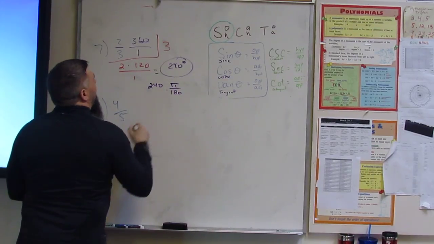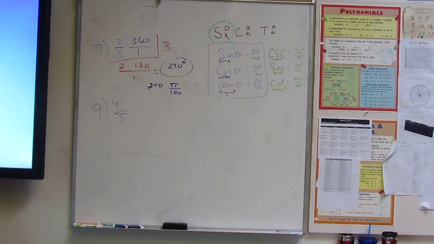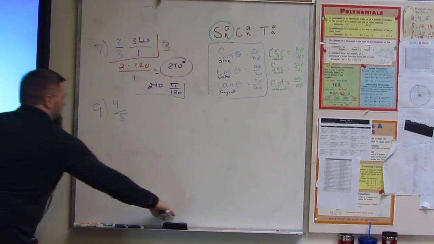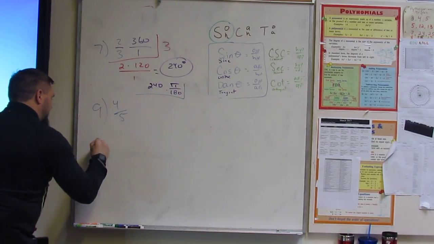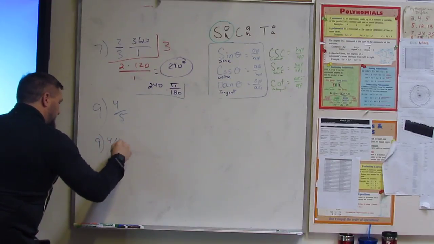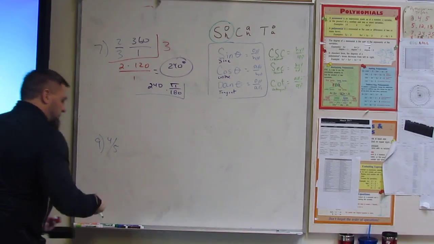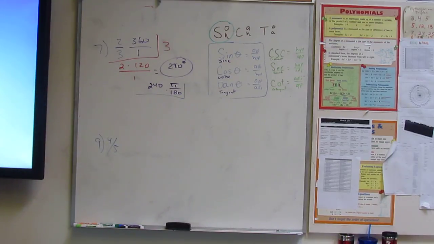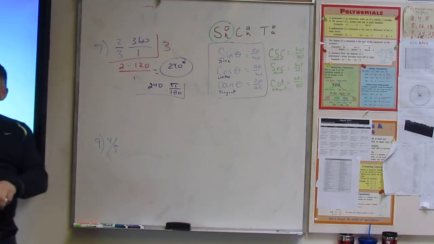Now how do I break it down? What goes into 180 and 240? Yeah, what goes into 240 and 180? And if you can't think of a big number, just think right away to get rid of the zeros, the 10, right?